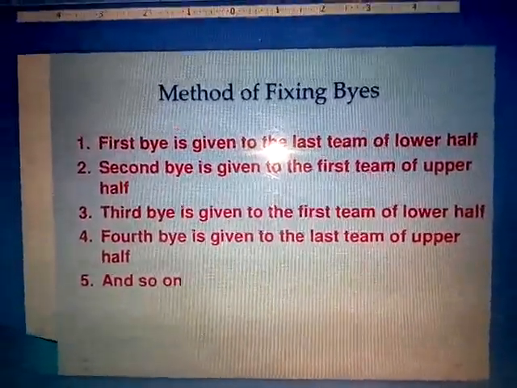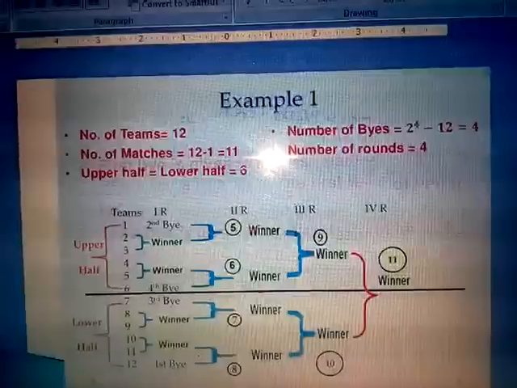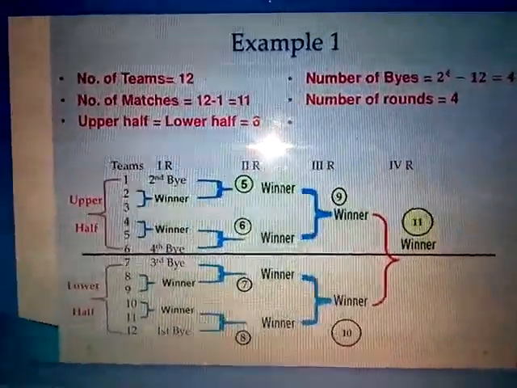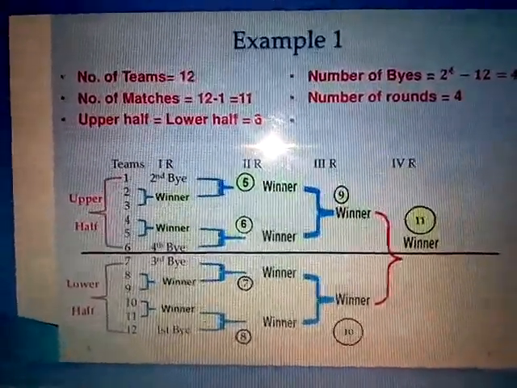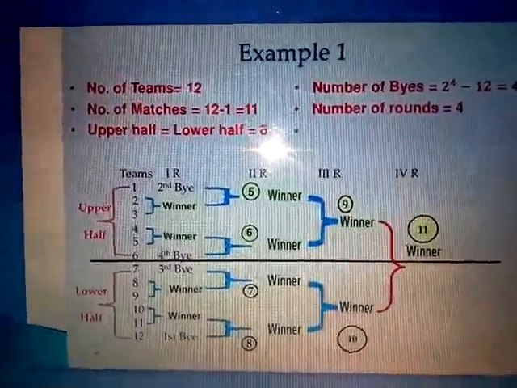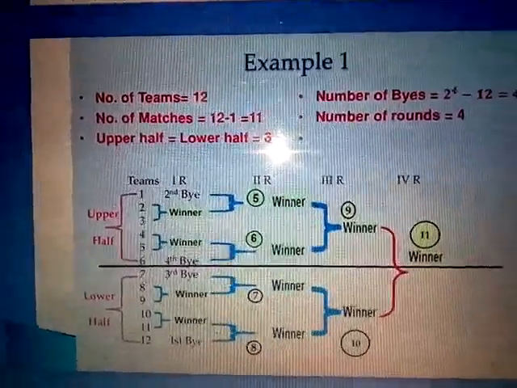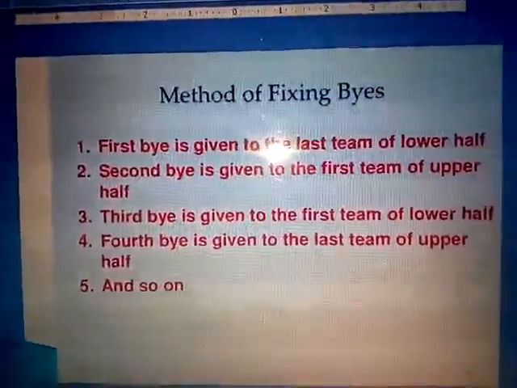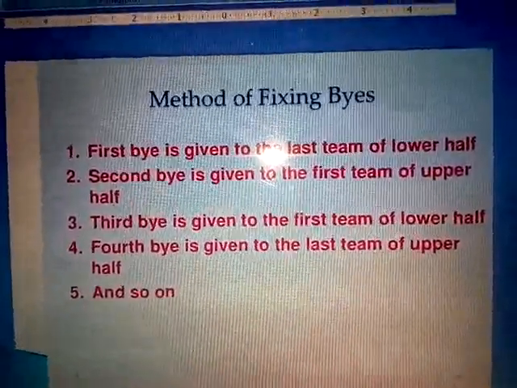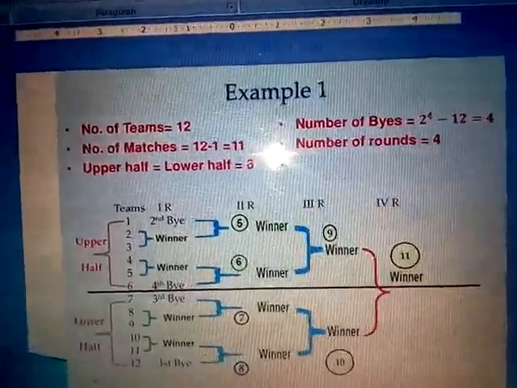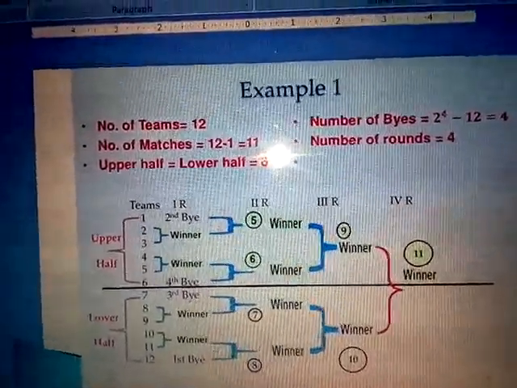The third bye is given to the first team of the lower half. You can see the first team of the lower half is number 7. The third bye we have to fix there. Now the fourth bye is given to the last team of the upper half. You can see the fourth bye goes to team number 6 in the upper half.